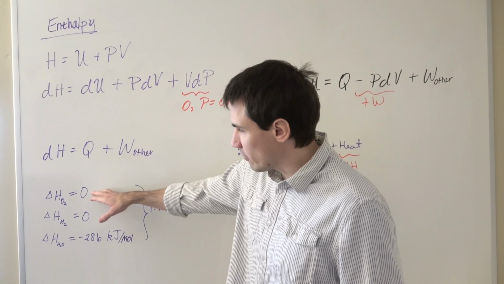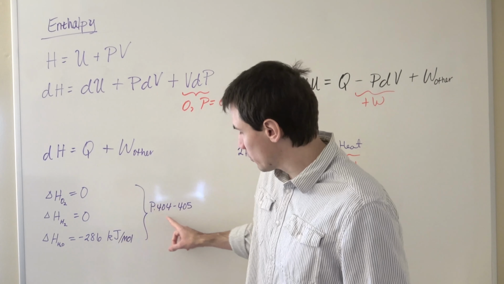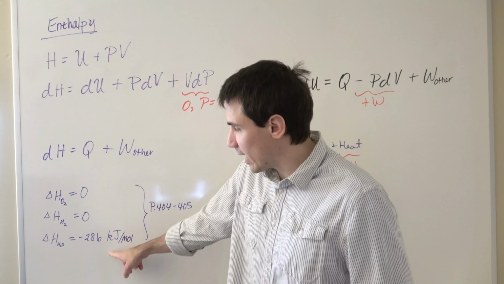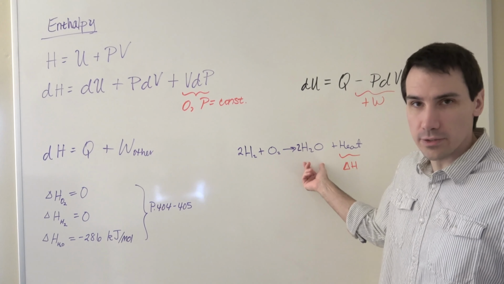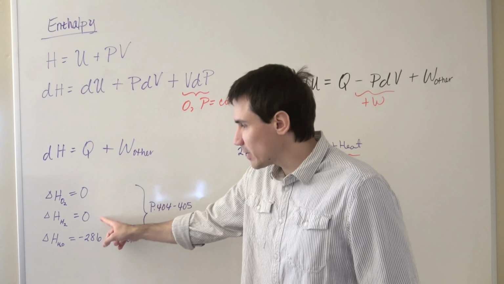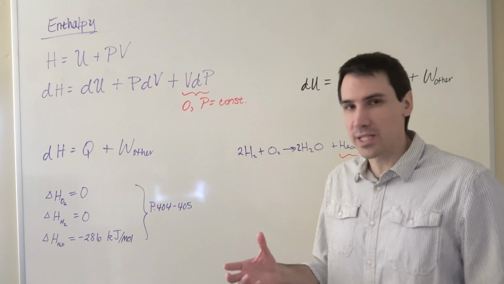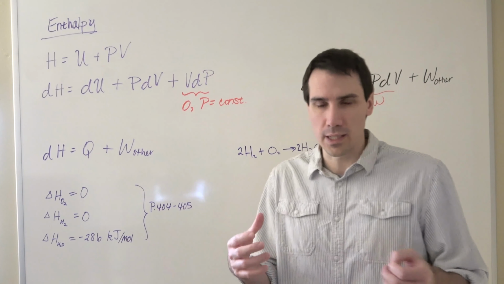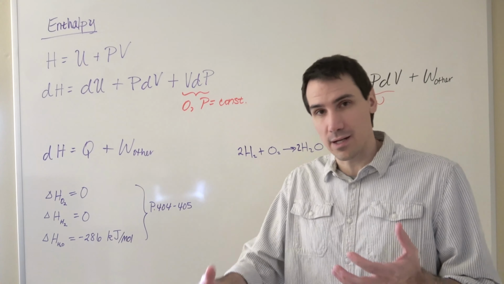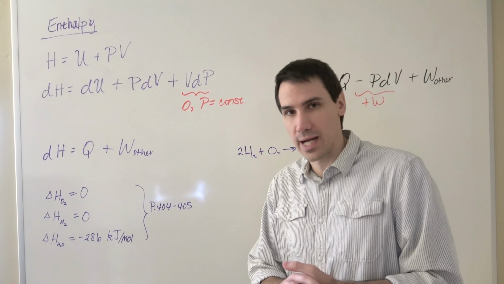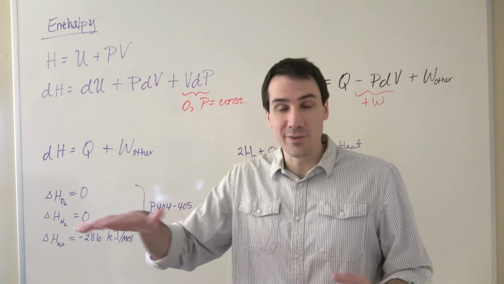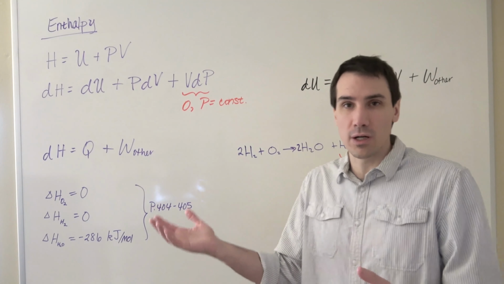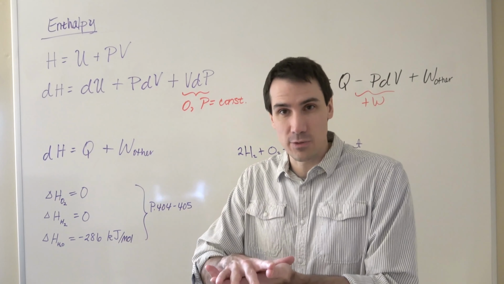So we have, from page 404 and 405 in the book, the enthalpy of each of these individual molecules. Now, the enthalpy of these two is 0 because these are the most stable, lowest energy states of these particular atoms. And so we basically use that as the 0 point of our enthalpy, and we measure all enthalpies from that 0 point.